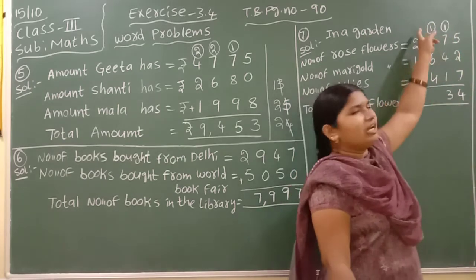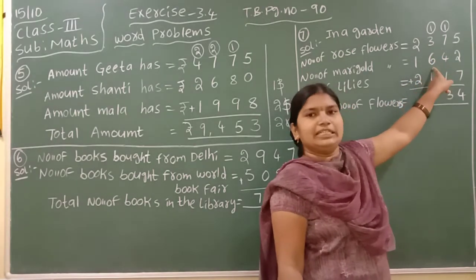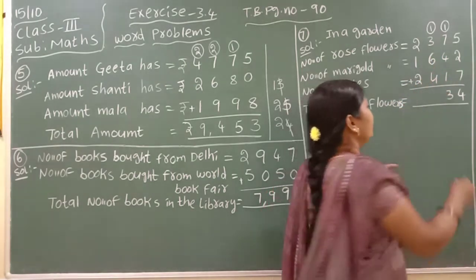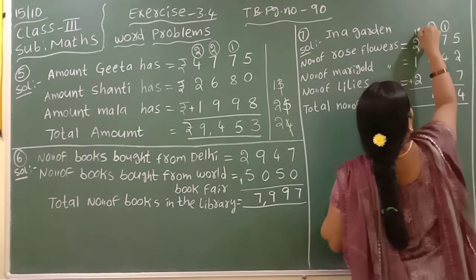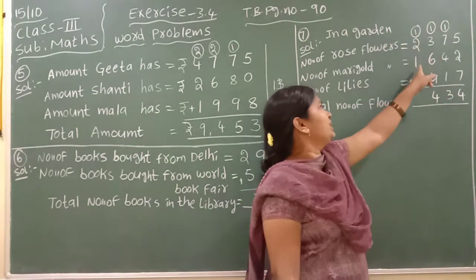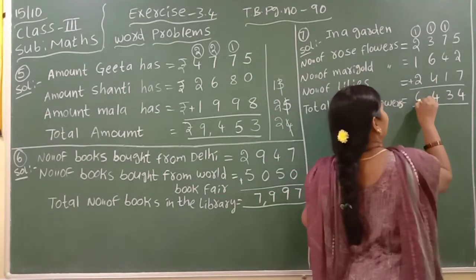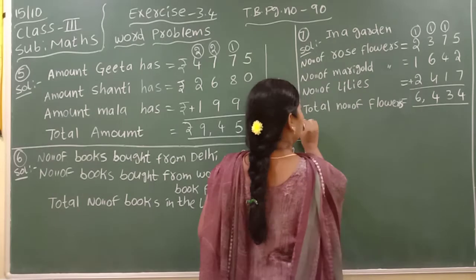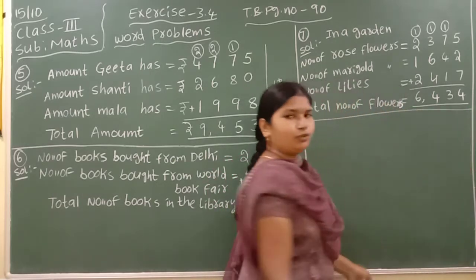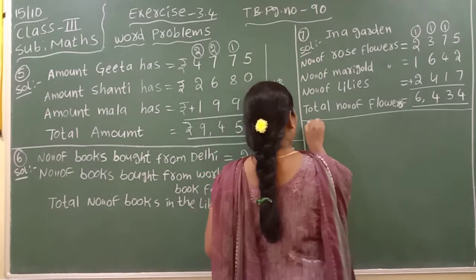Now 1 plus 3, 4. 4 plus 6, 10. 10 plus 4, 14. 4 here, 1 here. 1 plus 2, 3. 3 plus 1, 4. 4 plus 2, 6. Total number of flowers is equal to 6434.